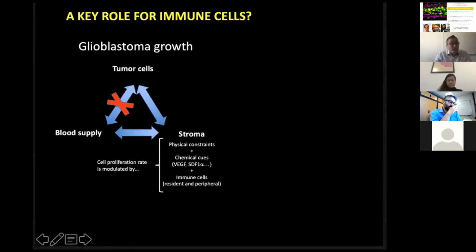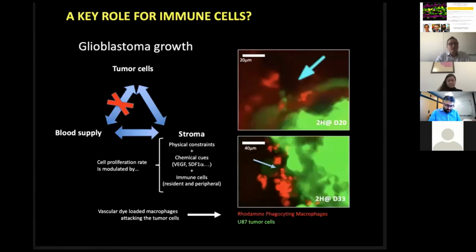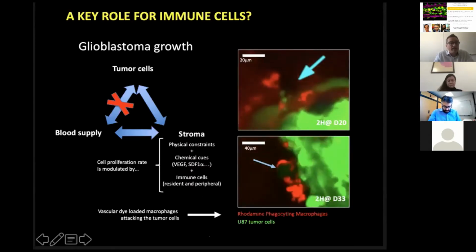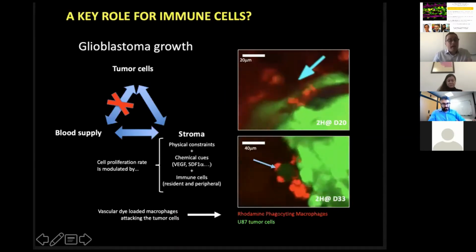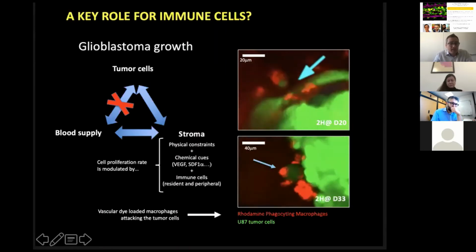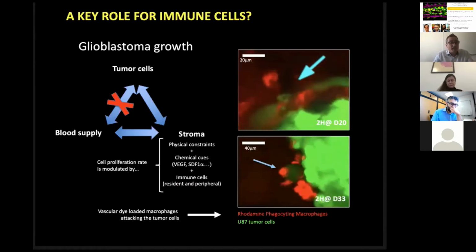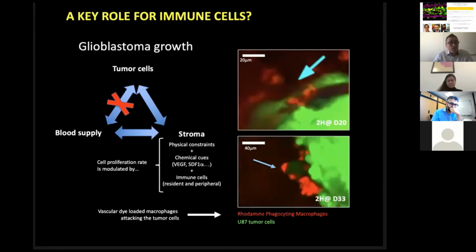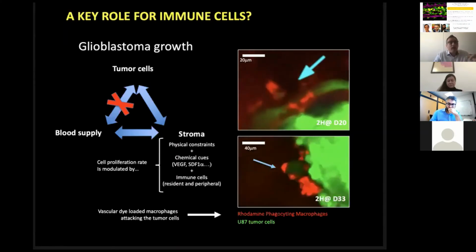But because VEGF and SDF1 alpha were found to be efficient, and because these molecules are known to play a role on immune cells, we started to look also at the behavior of some labeled macrophages that we obtained after intravascular injection of rhodamine dextran.